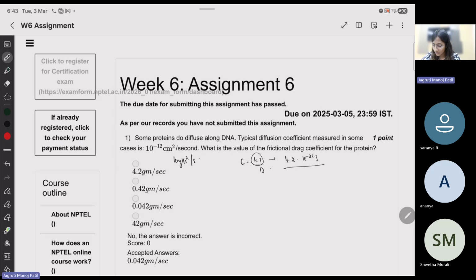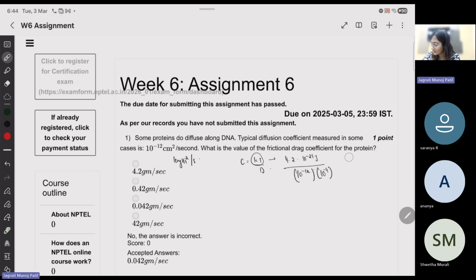And then you have this quantity with respect to your diffusion constant, which would be 10 raised to minus 12 in this case. And finally, you have this in meter square.